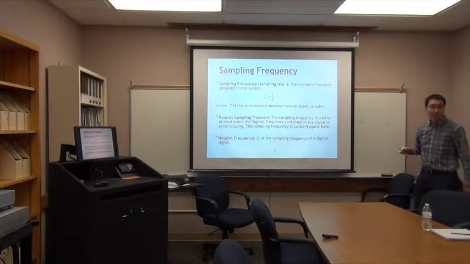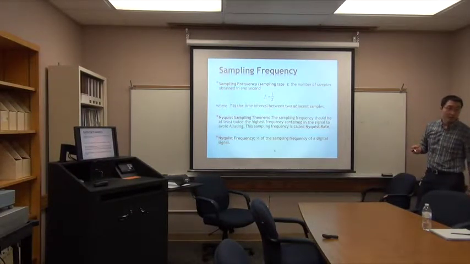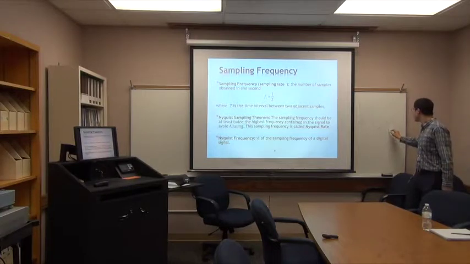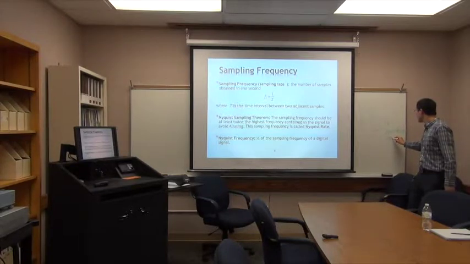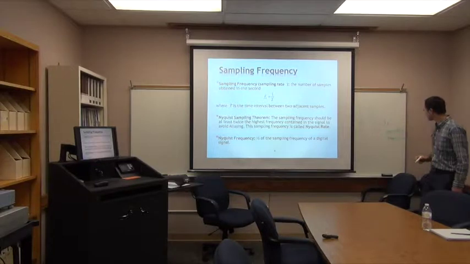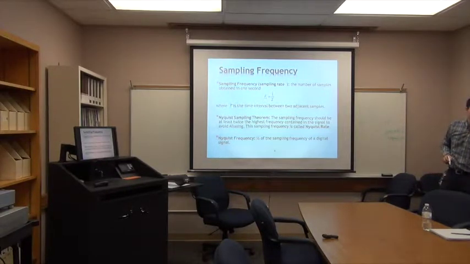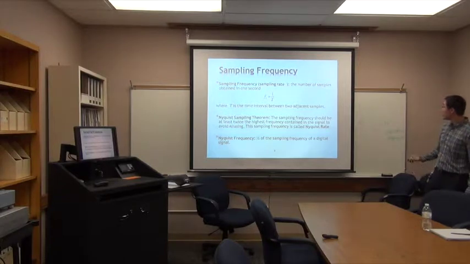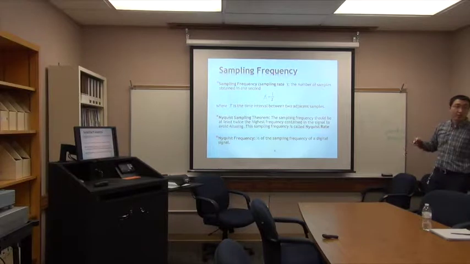Period is 1 second, so its frequency is 1 hertz. Right? Frequency is 1 hertz. 1 hertz basically means, from a sampling rate point of view, 1 point per second.